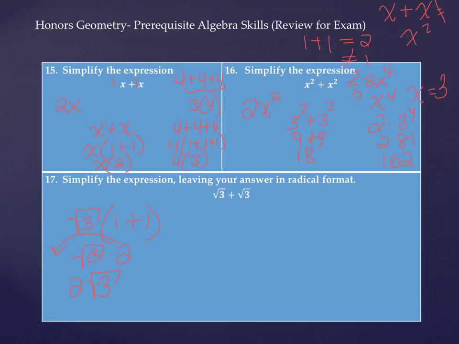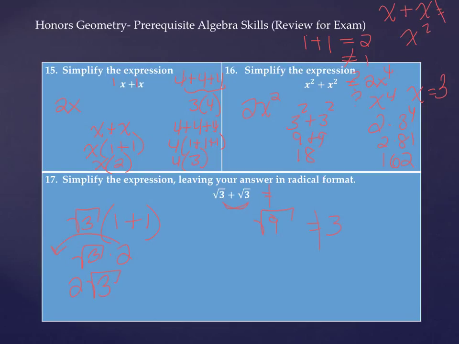Now, what a lot of students see here is they start doing things like this. Square root of 3 plus square root of 3 is the square root of 9. No, the square root of 9 is 3. And that certainly does not equal the square root of 3 plus square root of 3. So just take it for a test drive.